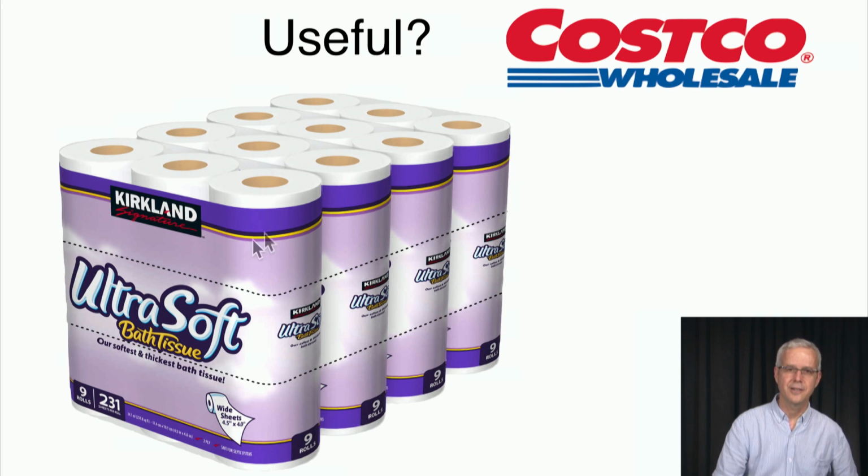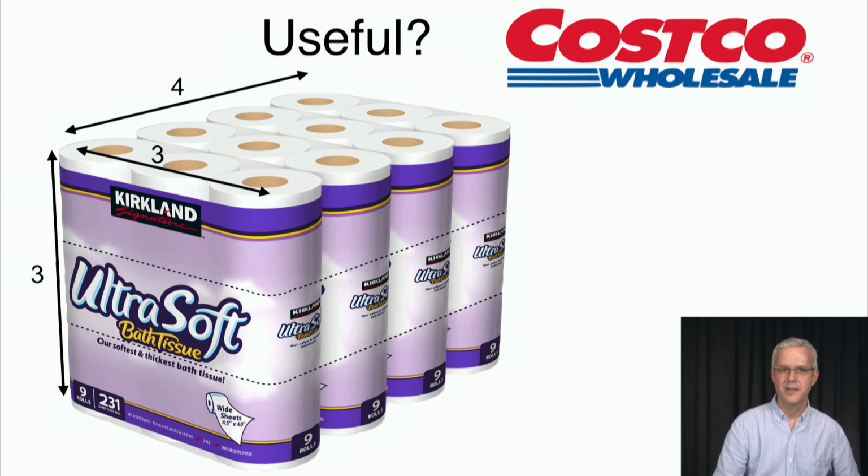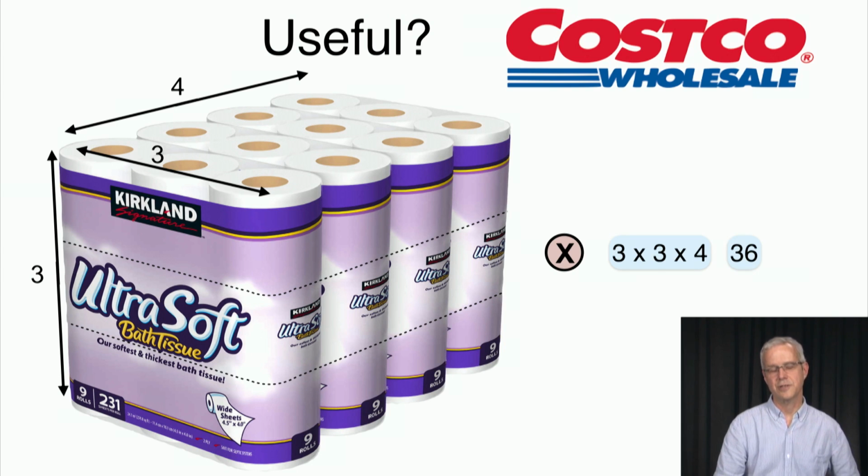You get a package that looks a little bit like that, and trying to count how many rolls there are is hopeless. But you can count and see that the sizes are maybe 3 by 3 by 4, and therefore by the product rule, the number of rolls is 3 times 3 times 4, which is 36.